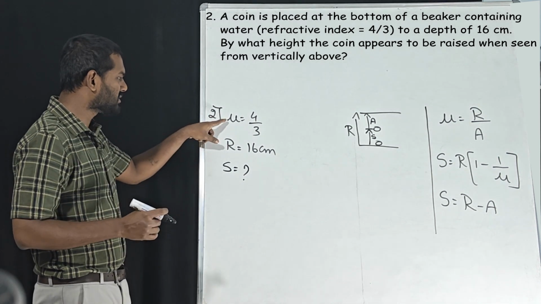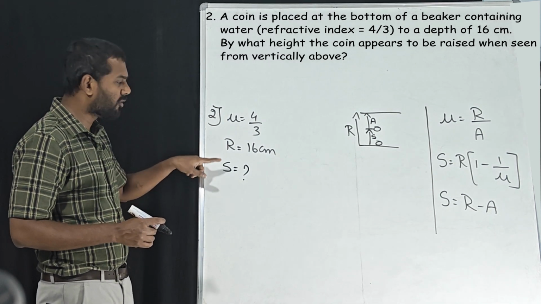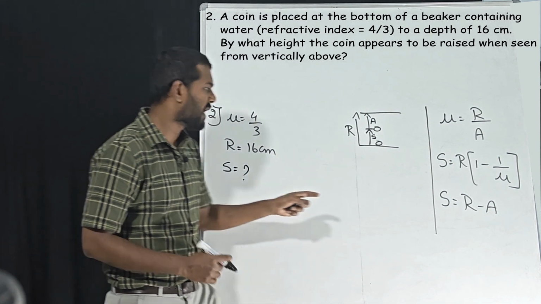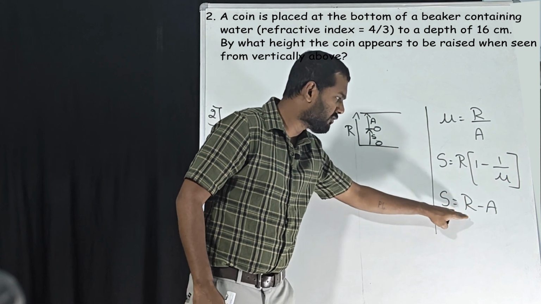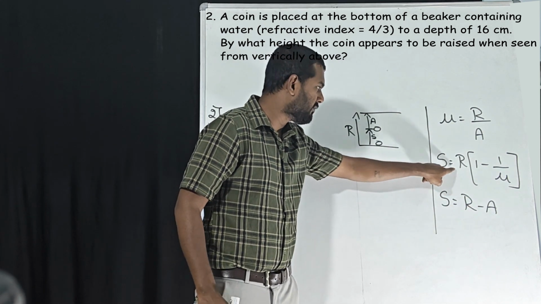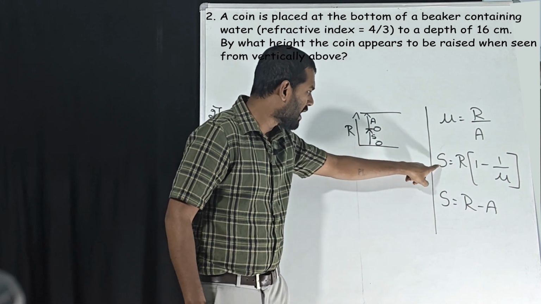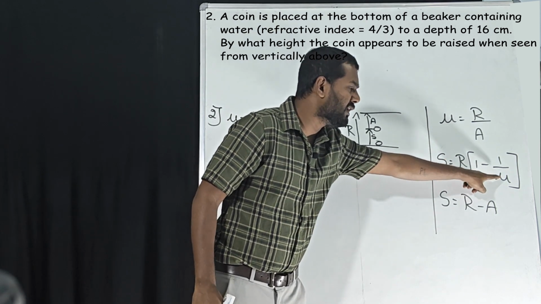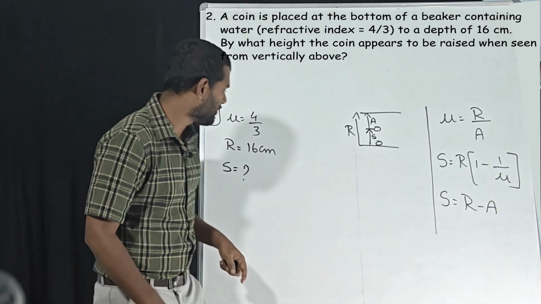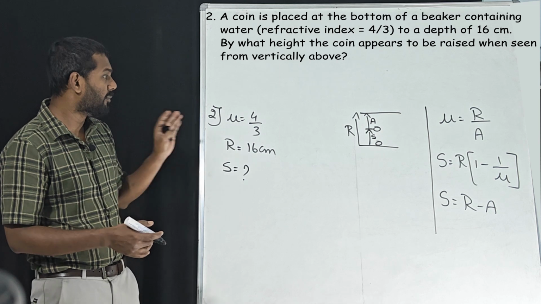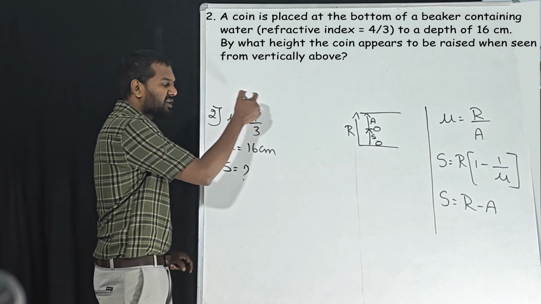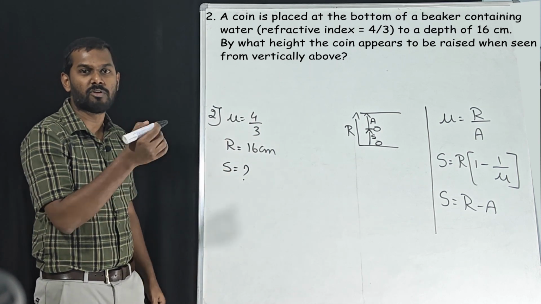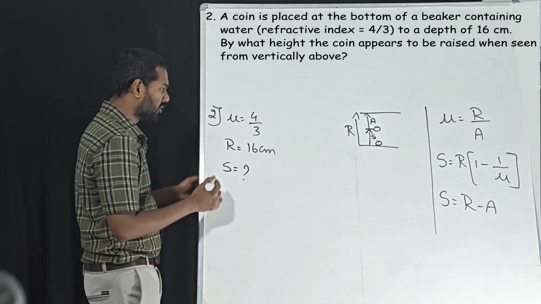If they had given apparent depth, we could have gone for the simplest formula, but we have to go for this formula because we have to find shift, and real depth and refractive index are given. We'll make sure refractive index is always in fraction form, so that it is easy to substitute.